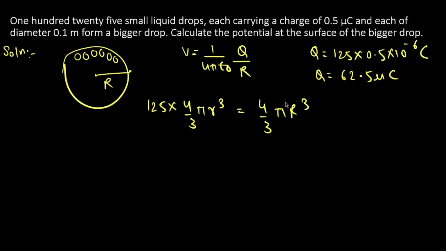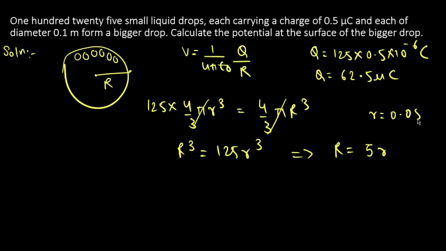From here we can say that capital R cube is 125 times the small r cube, which implies R will be equal to 5r, and the diameter of the smaller droplet is given as 0.1 meter, so small r will be 0.05 meter. So R will become 5 into 0.05, which comes out to be 0.25 meter.